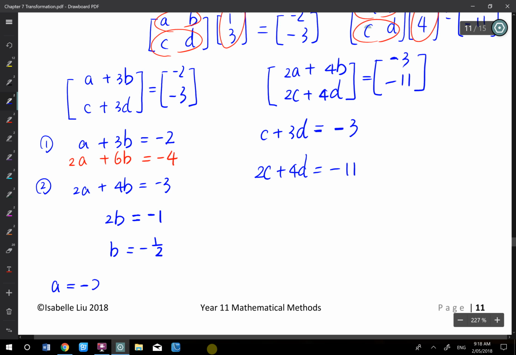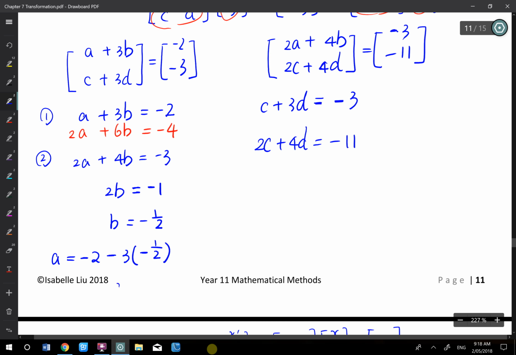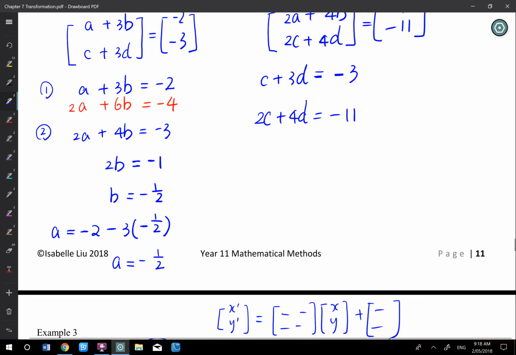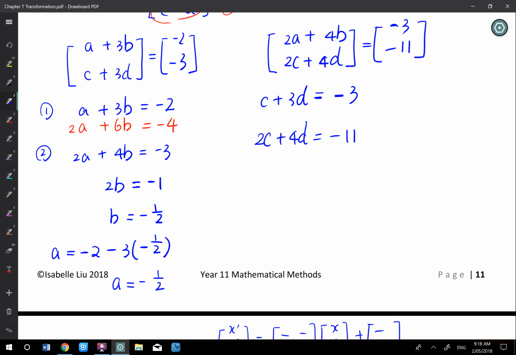A equals minus 2 minus 3B, plus 3 over 2. That's a minus a half as well. A little bit short of time, so I just did the calculation by myself. Everyone can do the linear simultaneous equations.